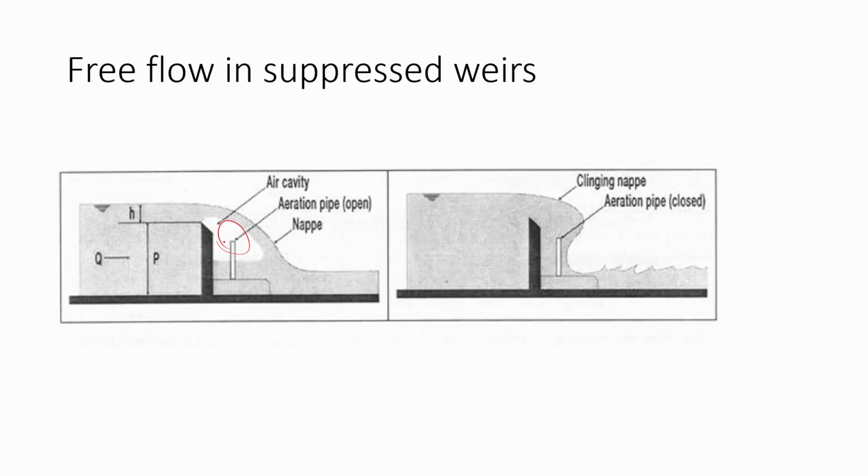This situation is more commonly a problem on suppressed weirs. Remember, the suppressed weir is the one that is the whole width of the channel. For those cases, you can get reduced pressure under the nap, so you would have to add an aeration pipe.